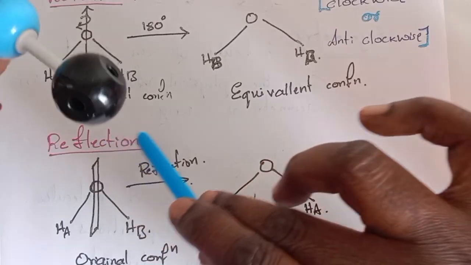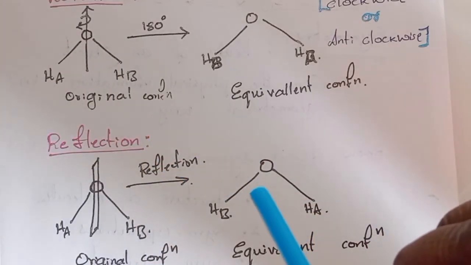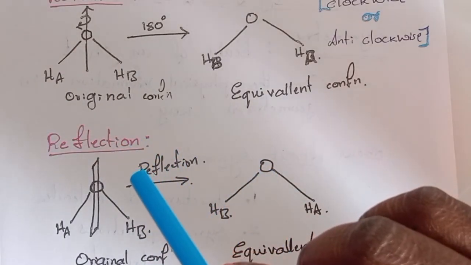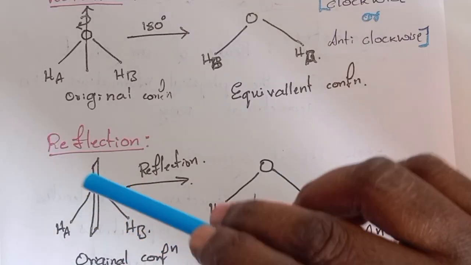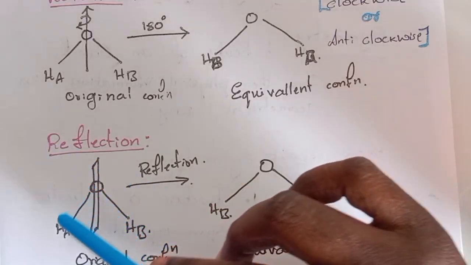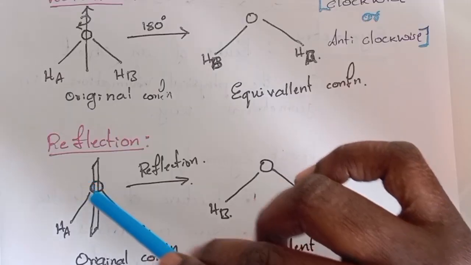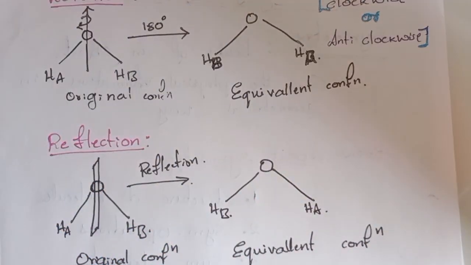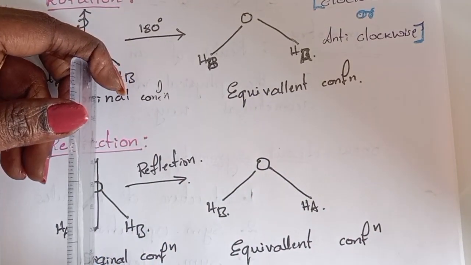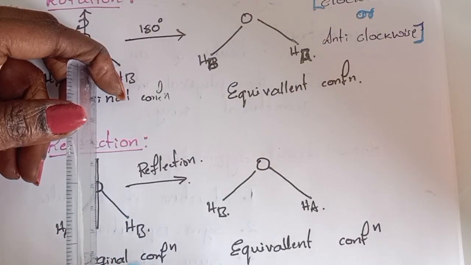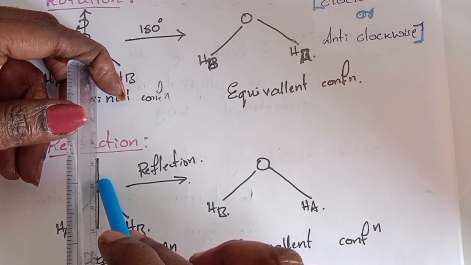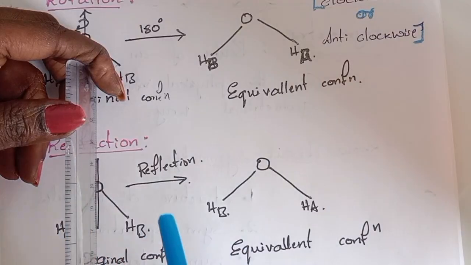Next, reflection. Reflection is nothing but putting a mirror in the molecule. Here also I am taking the water molecule as an example, which has a V shape. If I put the mirror like this, it bisects the molecule into two halves. Half of the oxygen is here, half of the oxygen is here.